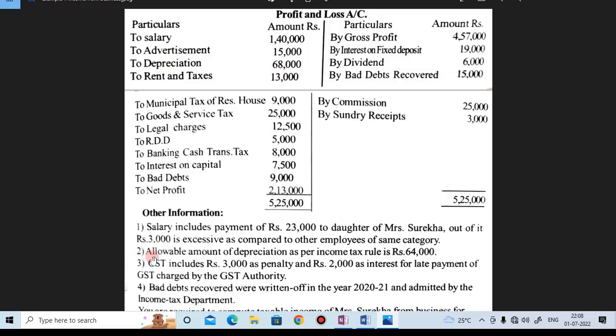Here in the second point it is said that the allowable amount of depreciation as per income tax rule is 64,000. That means 4,000 is excess.